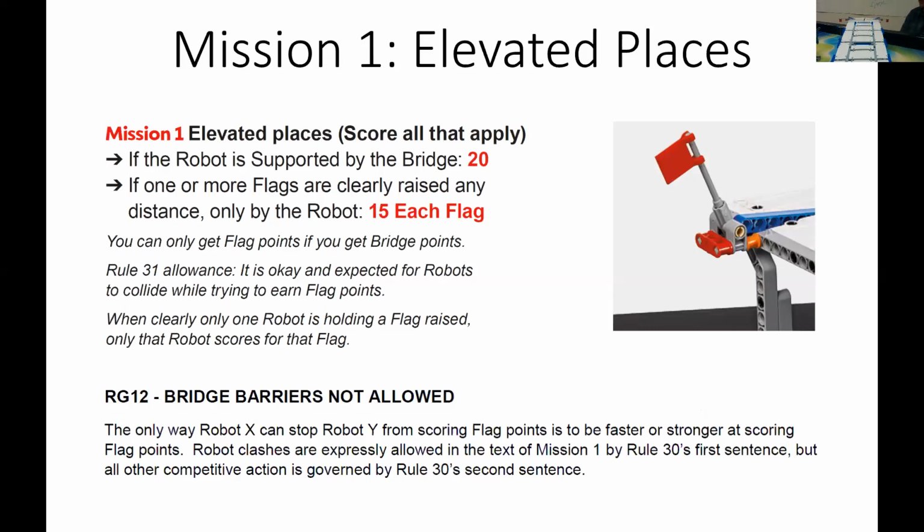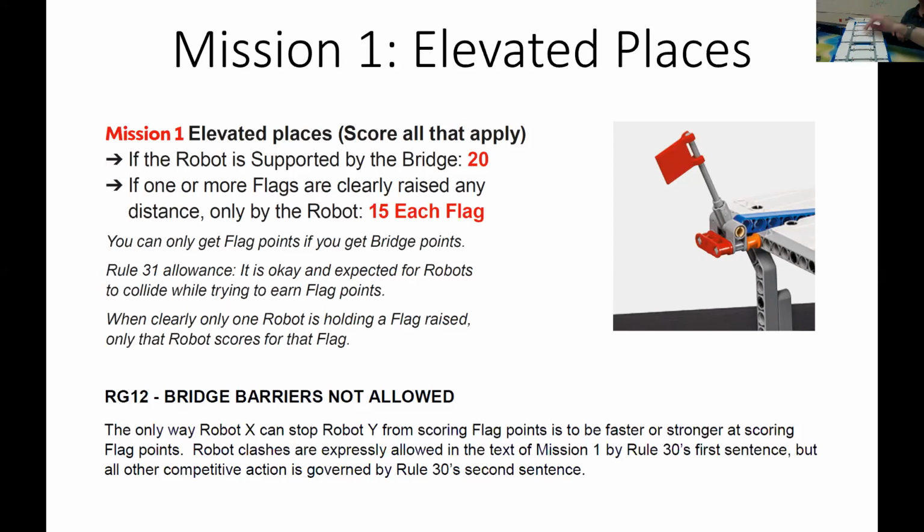I don't know that there will be support axles under it in competition. That's an interesting question. So you might be better off extending the table underneath it and putting some dual lock there and using that to simulate. So your robot drives up on the bridge and it's supported by the bridge.